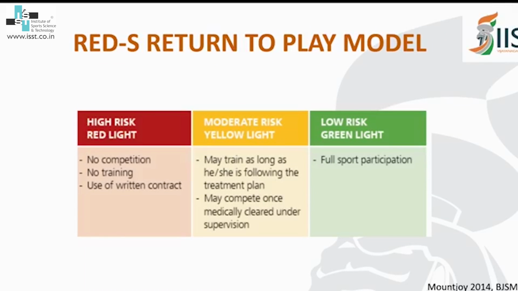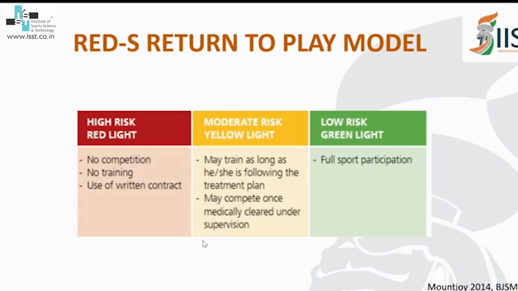Of course, if an athlete falls into the high risk category, then you do not let the athlete be a part of any competition or any training. If an athlete is at moderate risk, it's going to be modified. You see that the athlete is training under medical supervision, things like that.